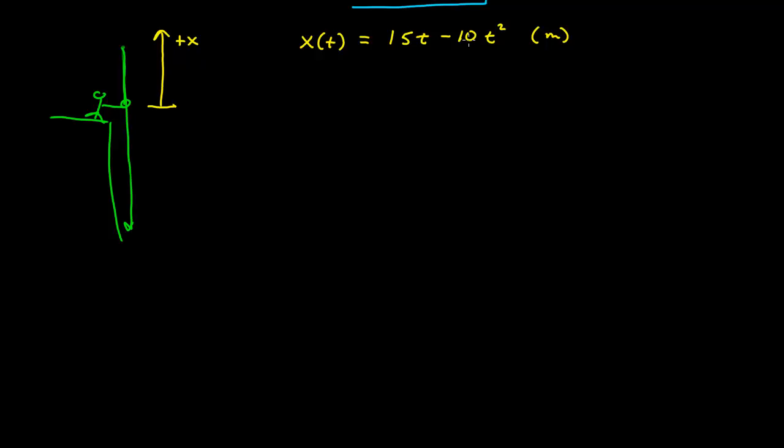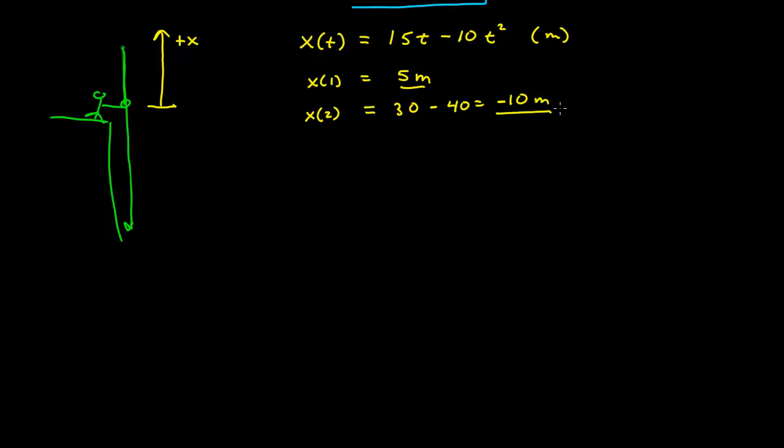For example, x at 1 is equal to 5 meters. If I put in 1 here for t, I get 15 minus 10. And x at 2 gives me 30 minus 40, which is negative 10 meters.